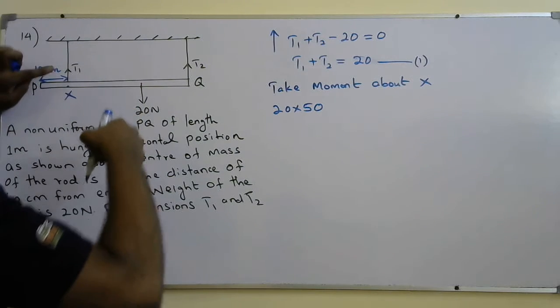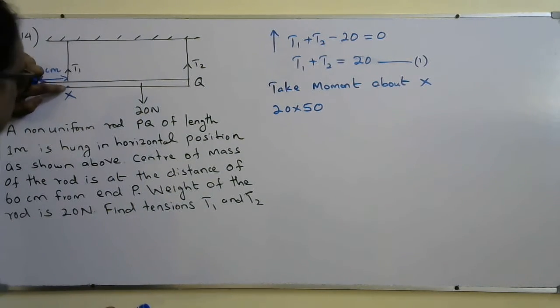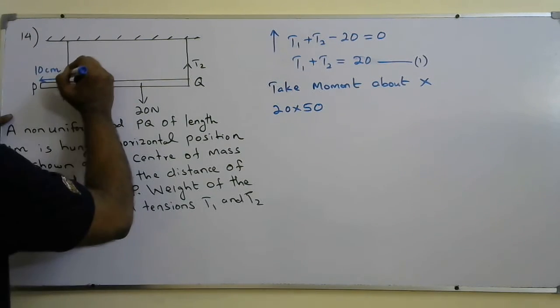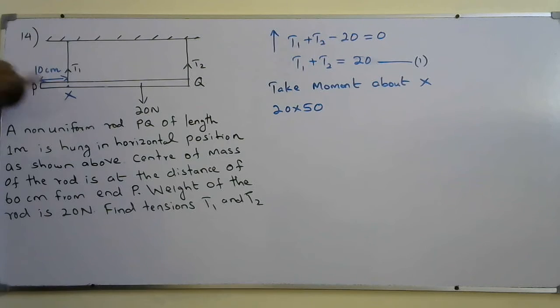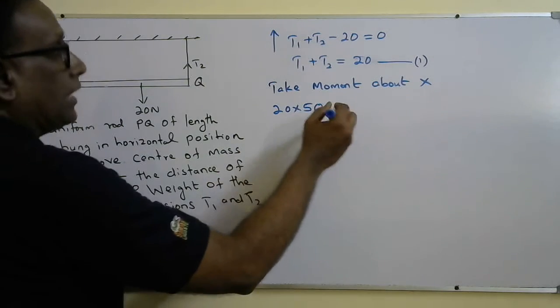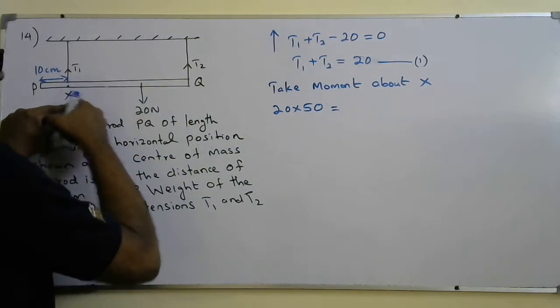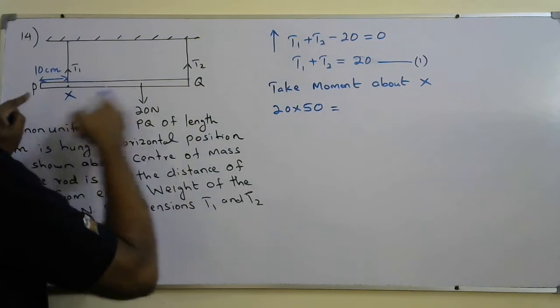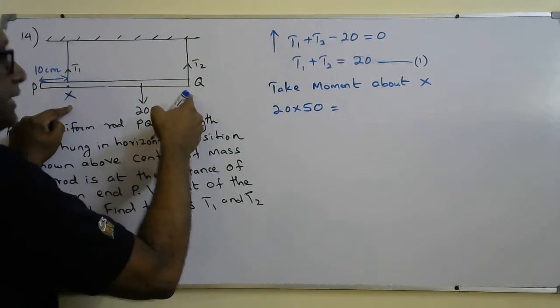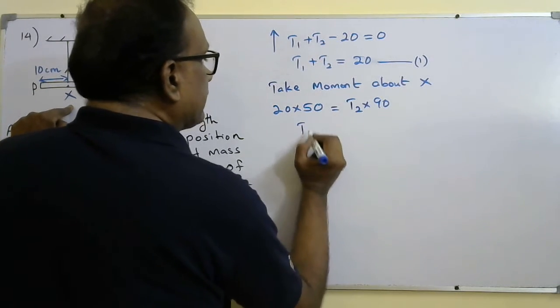About x, T1 won't be there because the perpendicular distance of T1 from x is 0 since it's passing through x. So this is the clockwise moment. That must be equal to the anti-clockwise moment, T2 into this length. This is 1 meter, and this is 10 centimeter, so this will be 90 centimeters. So T2 into 90. I will find T2 now.